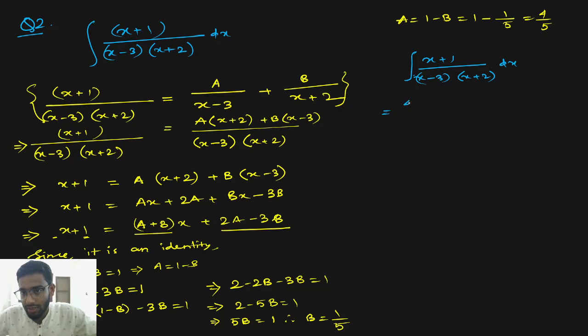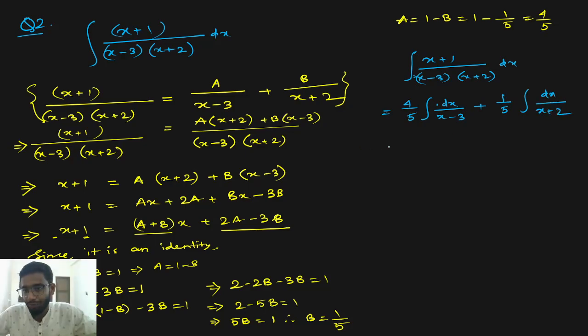So we can write it as 4 by 5 dx by x minus 3, and we can also write it as b by x plus 2, dx by x plus 2.